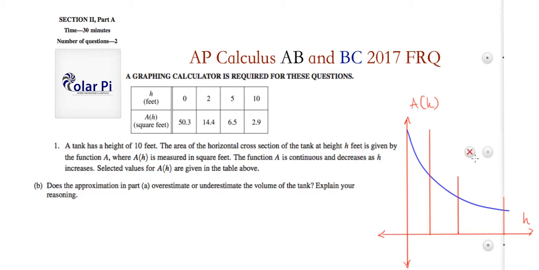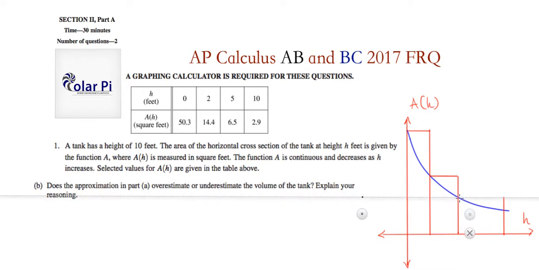And you should already know what I'm about to show you, but if you have a decreasing function, then left Riemann sums overestimate the integral, right? And although I didn't say we're doing an integral, in part A, what we were doing was estimating the integral of the A of h function, right?